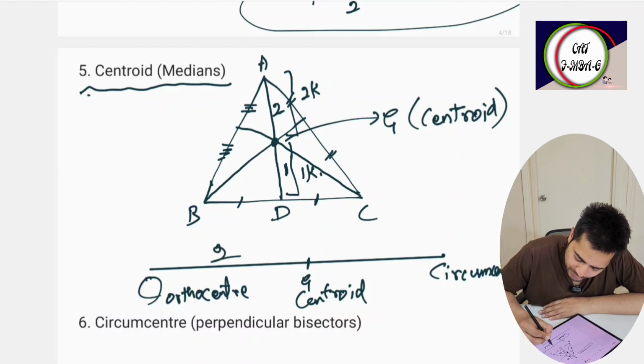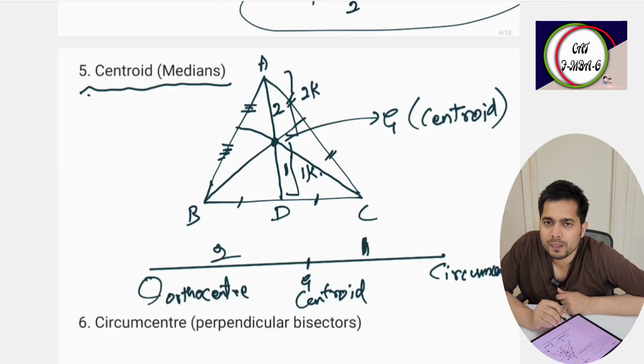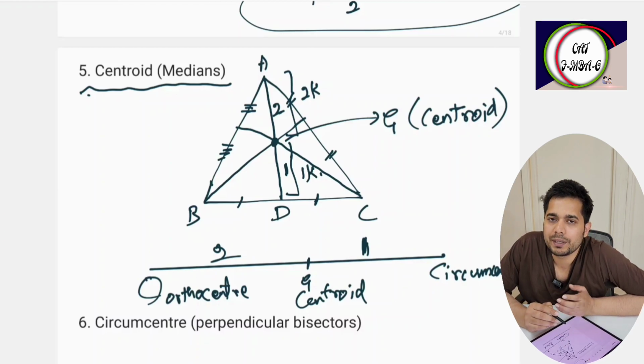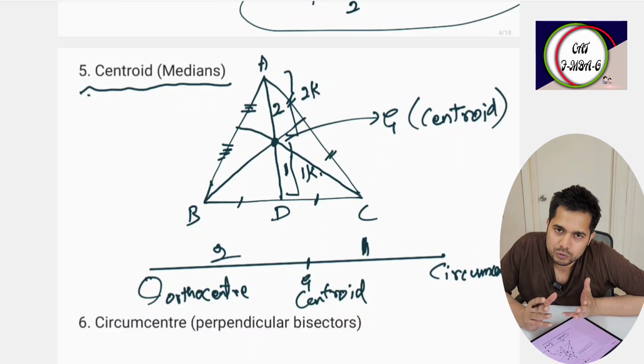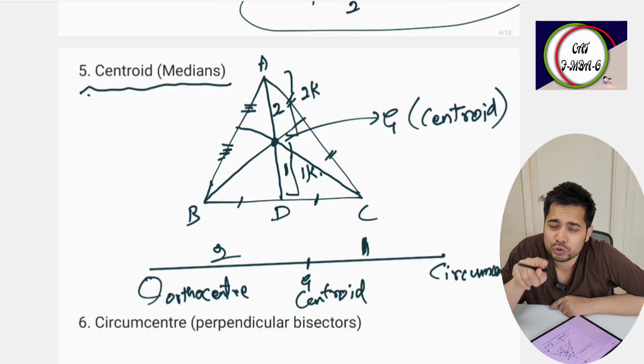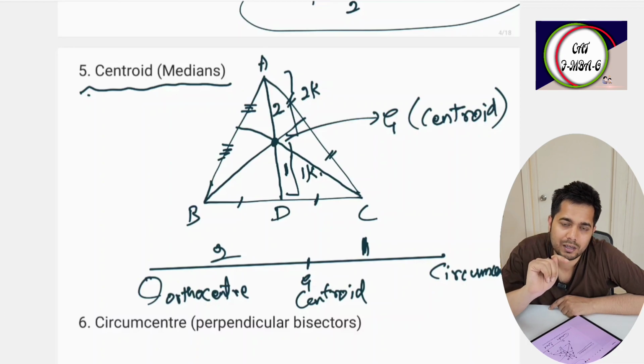This will also be divided in the ratio 2:1. The centroid always lies inside the triangle, whether it is an acute angle triangle, an obtuse angle triangle, or a right angle triangle. Every time the centroid will be inside the triangle. The centroid is the centermost point of the triangle.